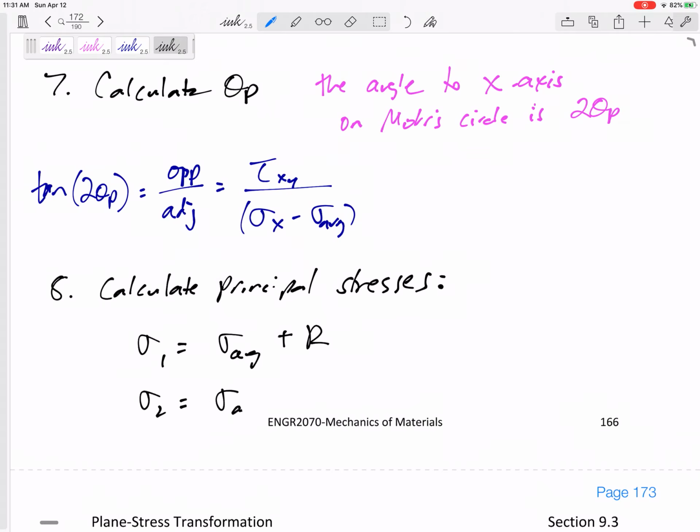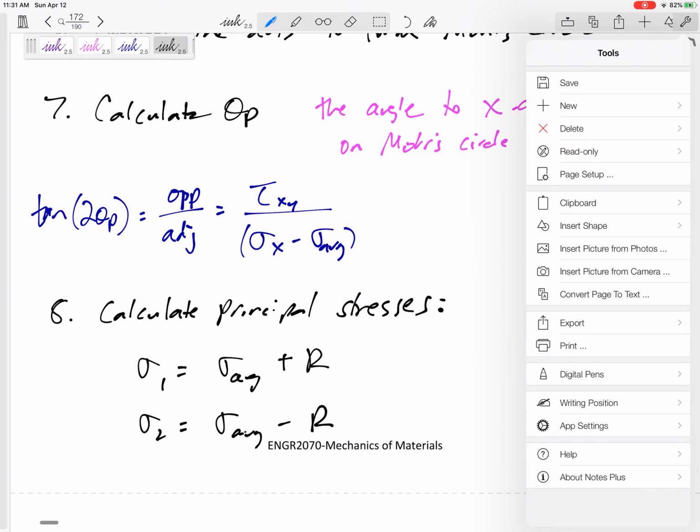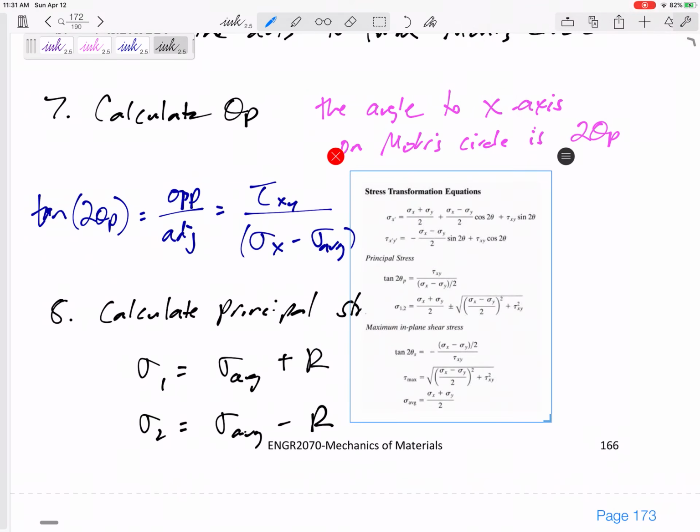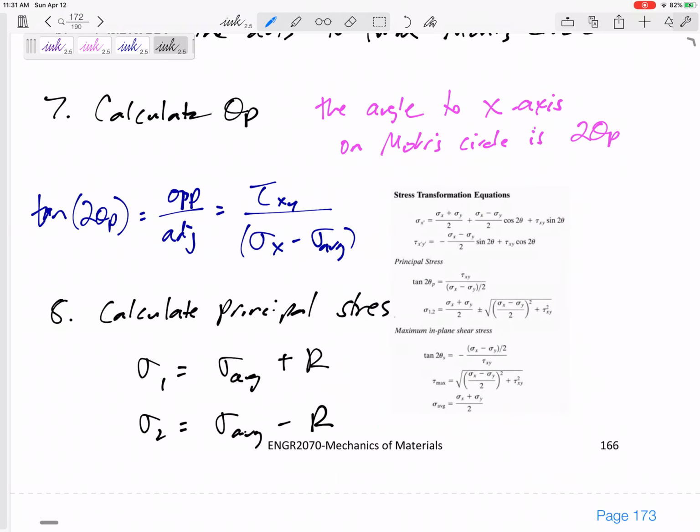Sigma 2, sigma average minus the radius. Do you see that right there is the average, plus and minus, that right there is the radius.